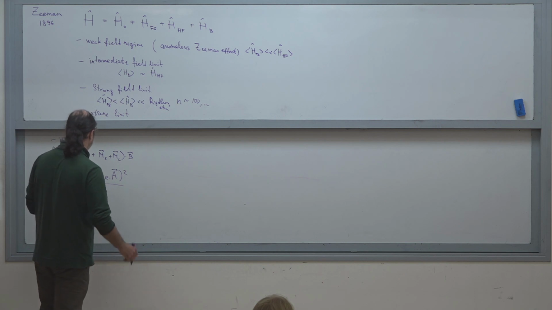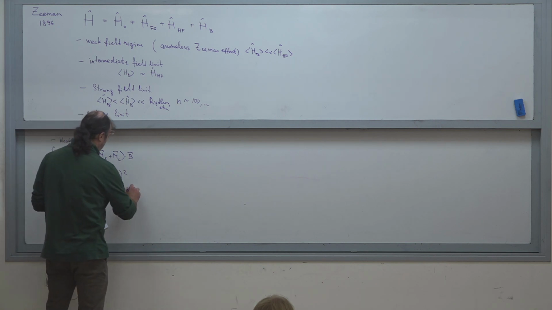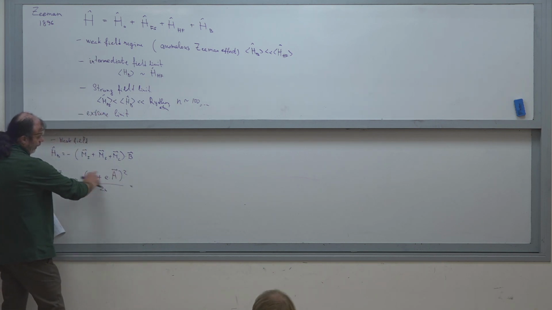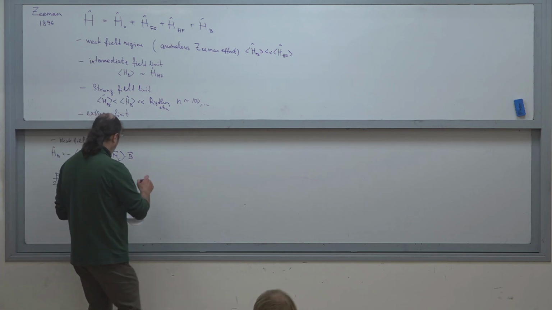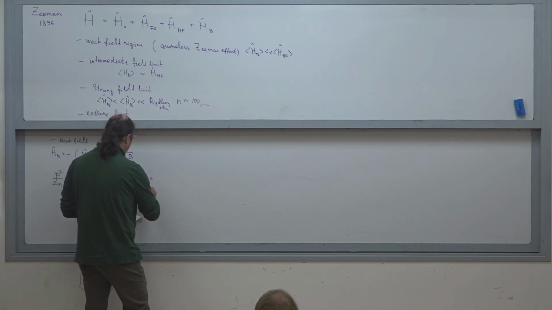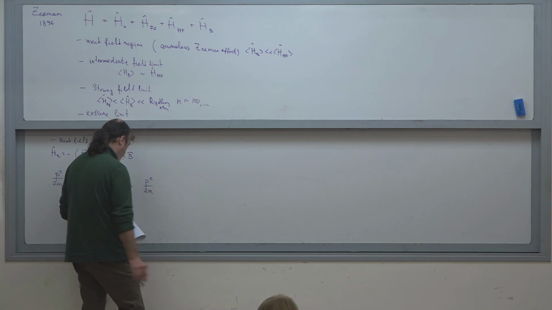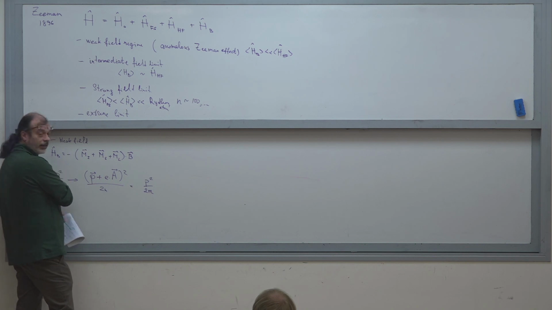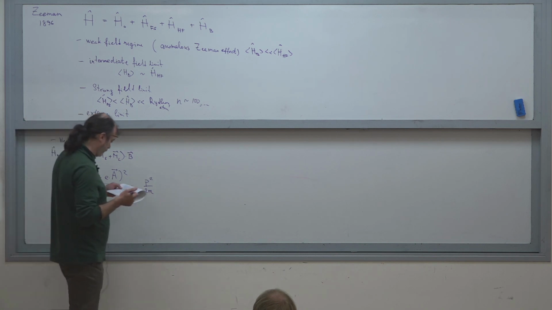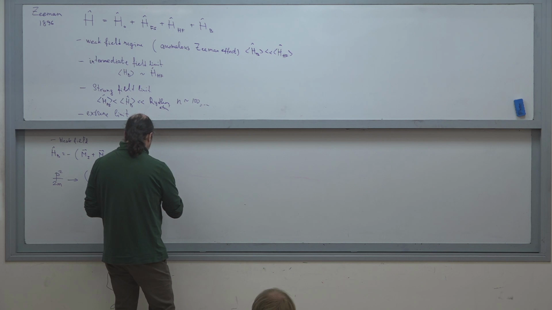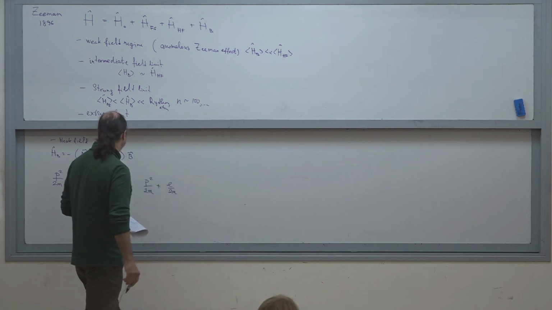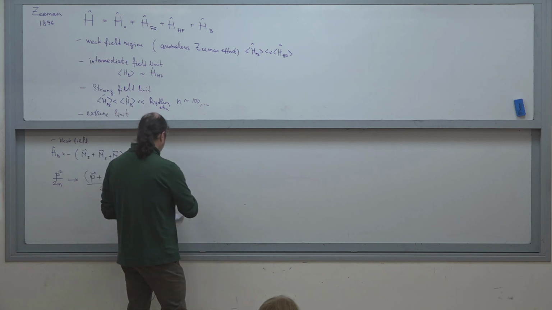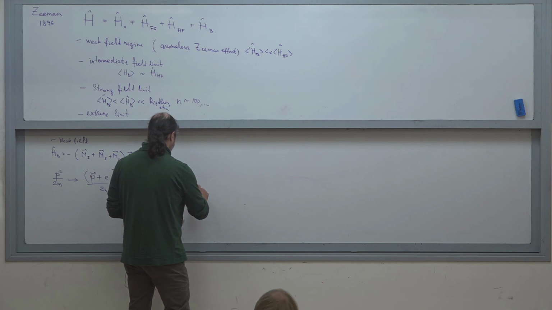So to deal with that, we need to write down this quadratic part. This quadratic part gives us p squared divided by 2m, exactly the same part that we started with, without the magnetic field, plus e divided by 2m, now multiplied by PA plus AP.